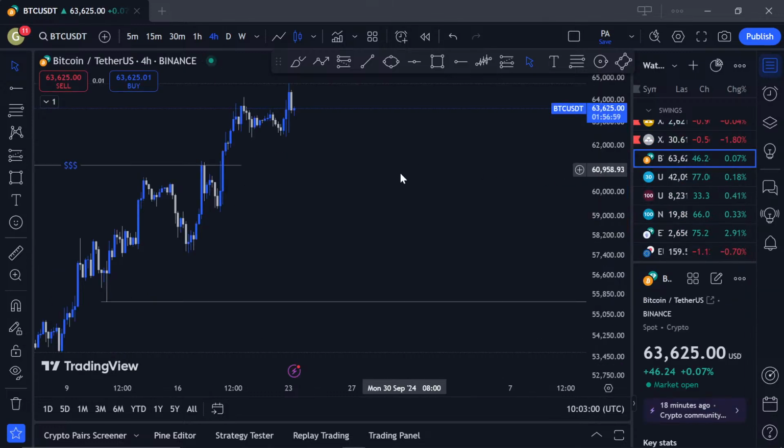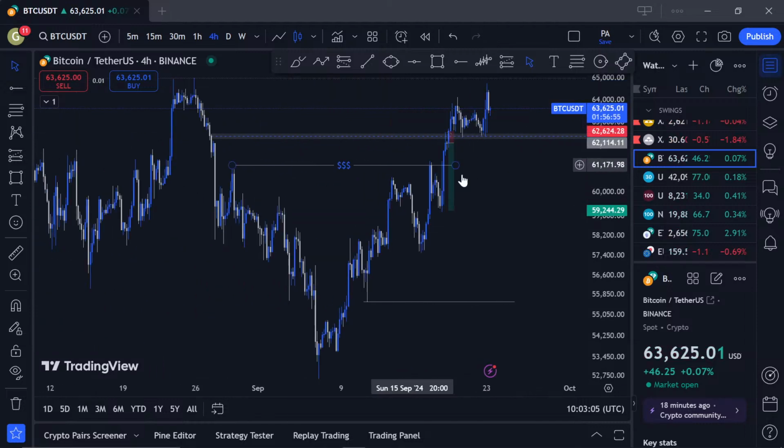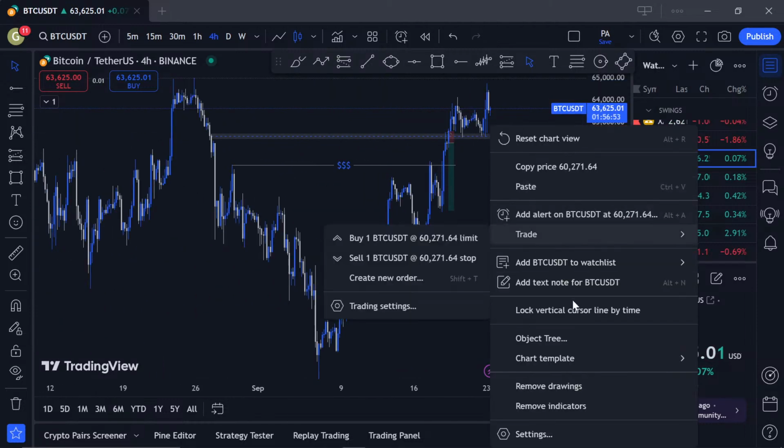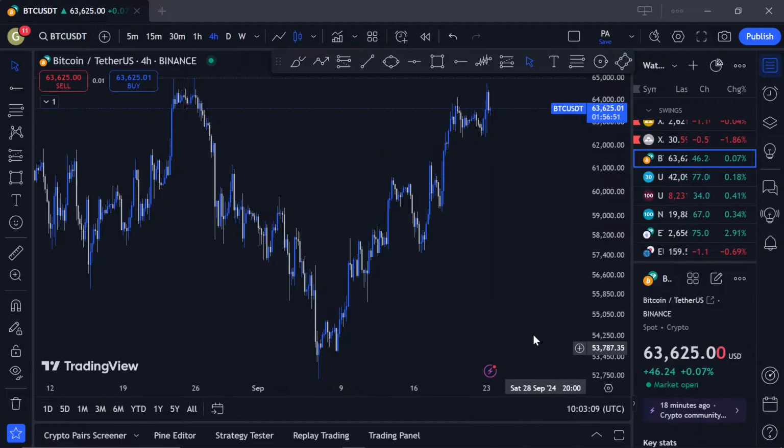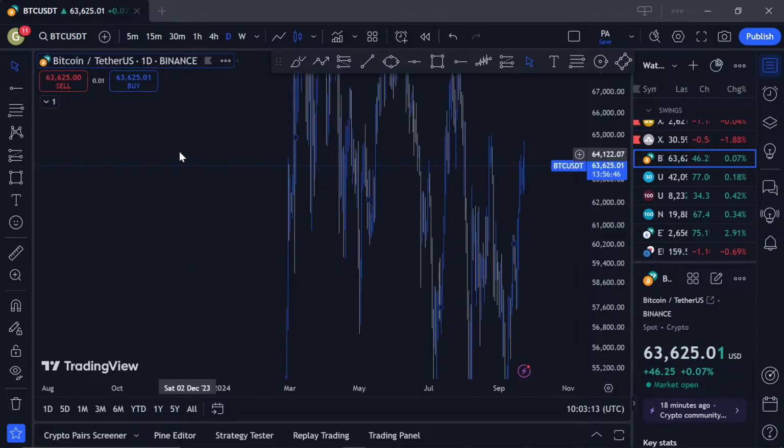Next up is BTC. My setup on BTC actually failed last week. I was expecting BTC to sell from this level, but the fundamental details said otherwise. Let's look at BTC on the daily time frame.